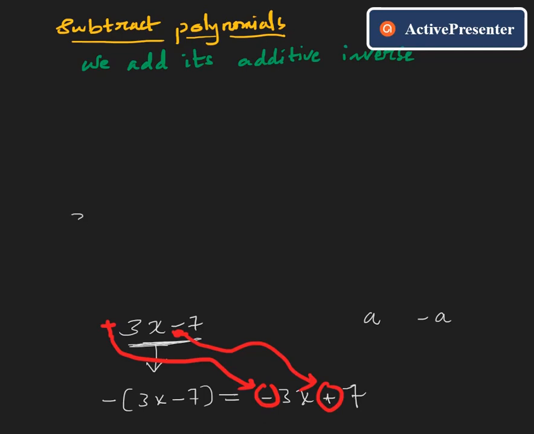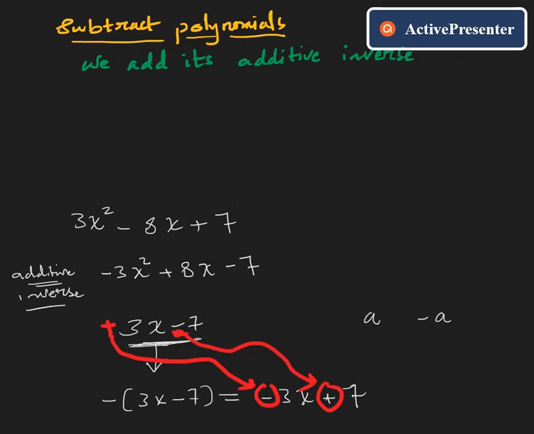For example, if I say 3x squared minus 8x plus 7, what is the additive inverse of this polynomial? Change the sign. 3x squared should be minus 3x squared. Minus 8x should be plus 8x. Plus 7 should be minus 7.